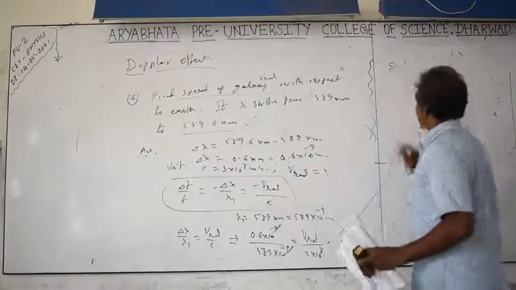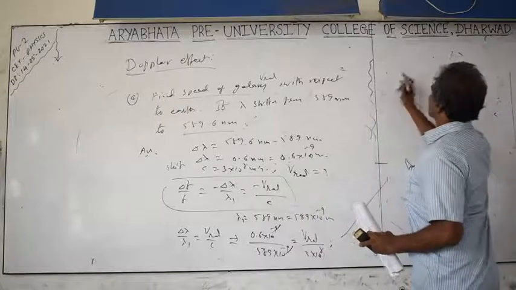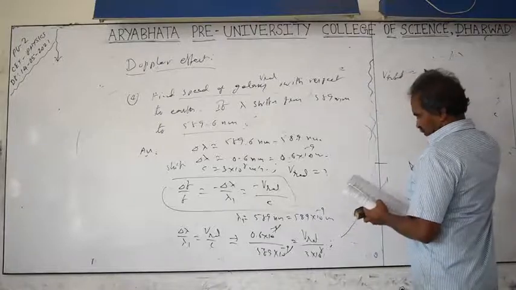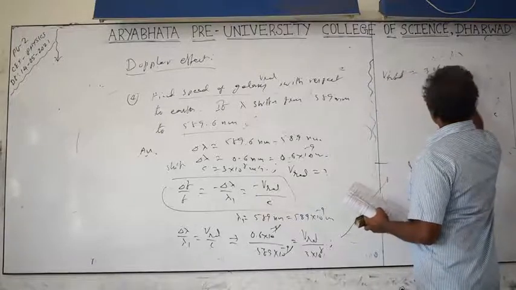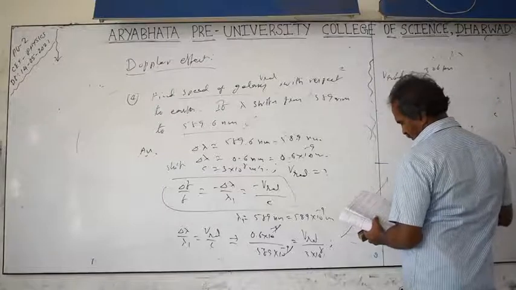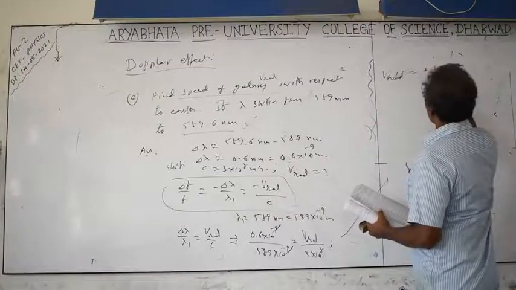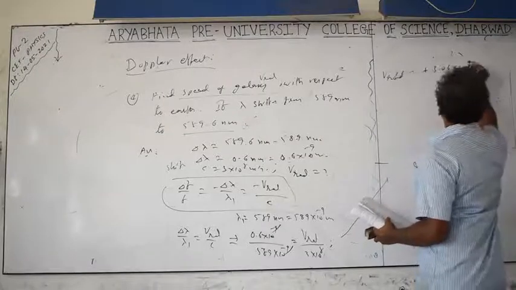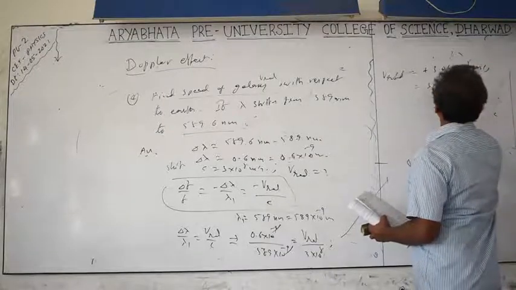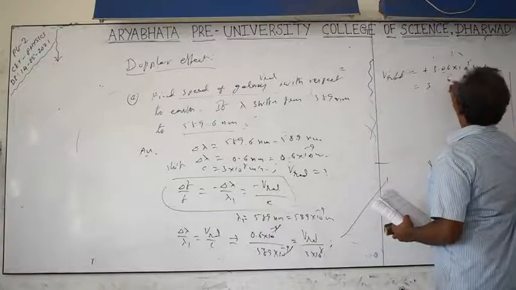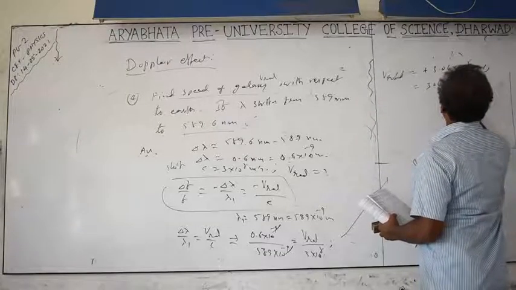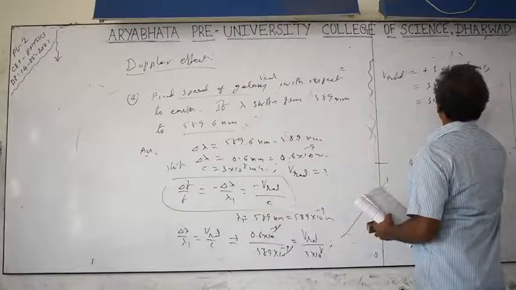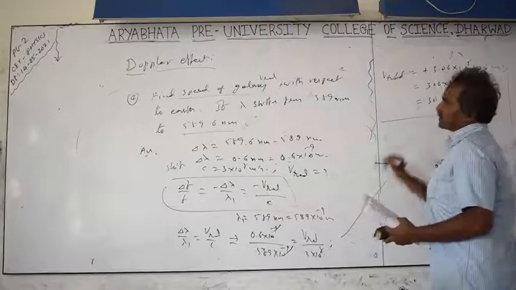Velocity is 3.06 into 10 to the power of 5 meters per second, which is 306 into 10 to the power of 3 meters per second. 10 to the power of 3 means kilometers, so 306 kilometers per second is the speed of the galaxy.